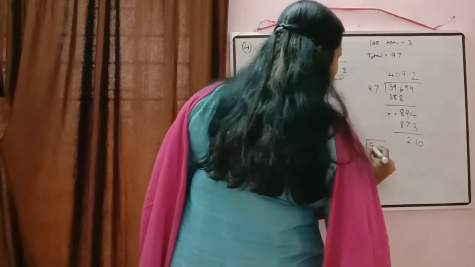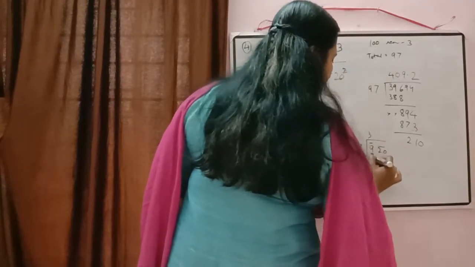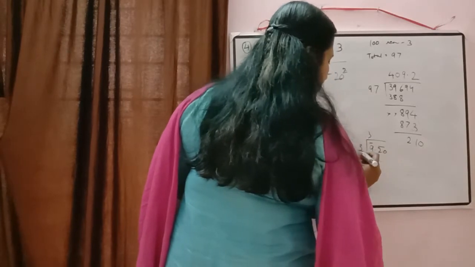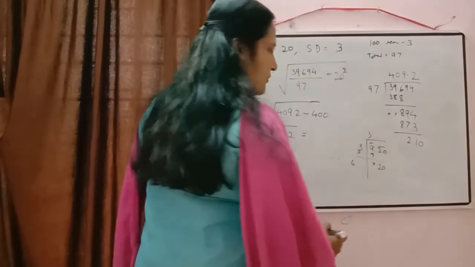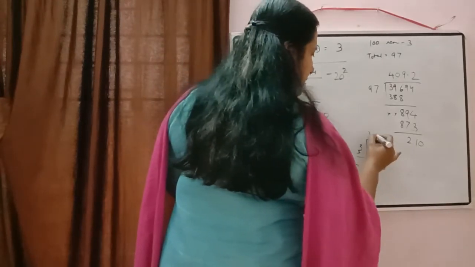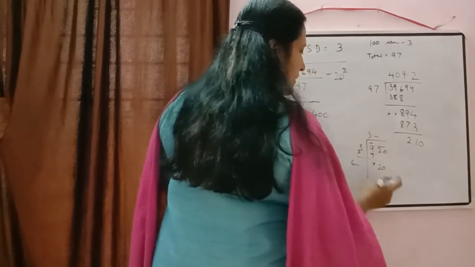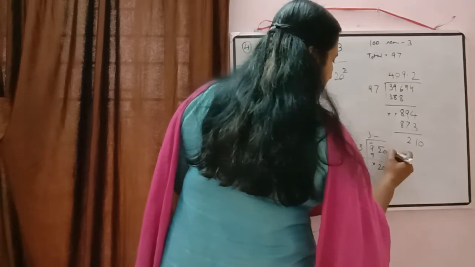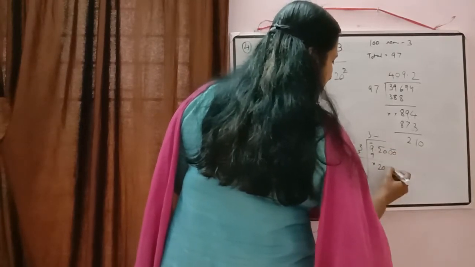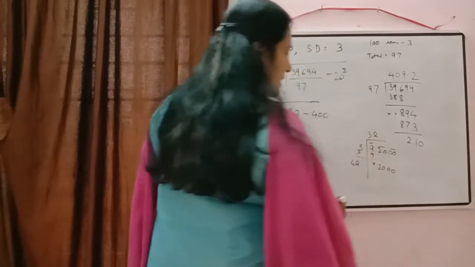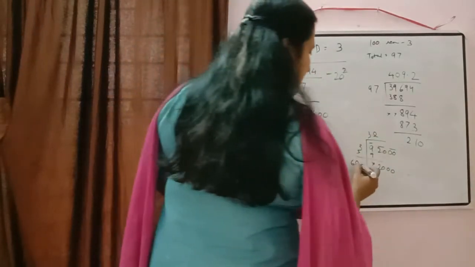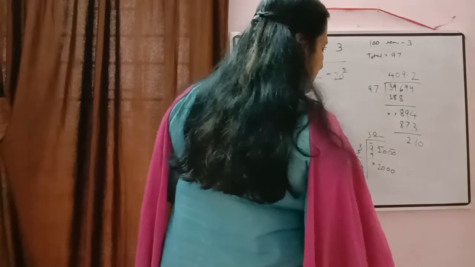So just to check what will come, 3 3s are 9. So it will get cancelled there. 3 plus 3, 6 will come. Then we'll write down here 20. Whatever number we write down here, all the numbers will be smaller than 20. Then what we can do, we can add 2 more zeros there. But before that, we'll put the 0 here. Now whatever number will come here, the same number should come here also.